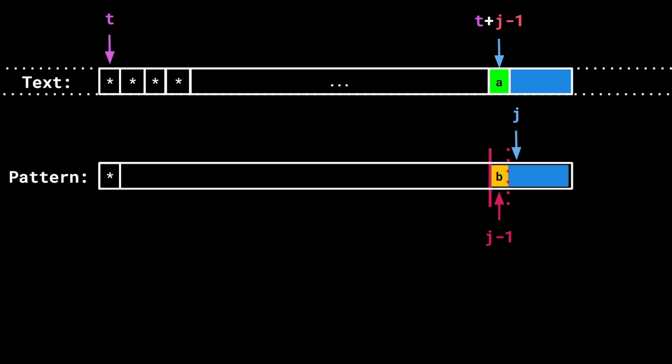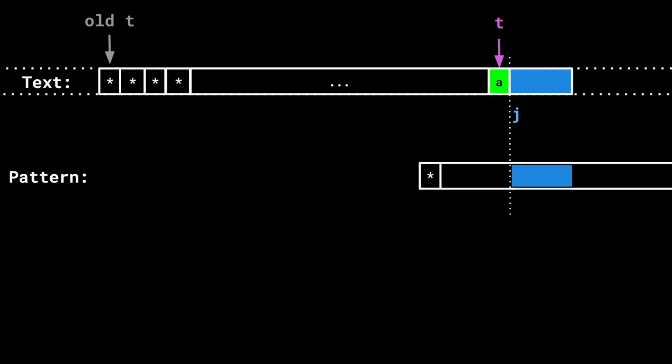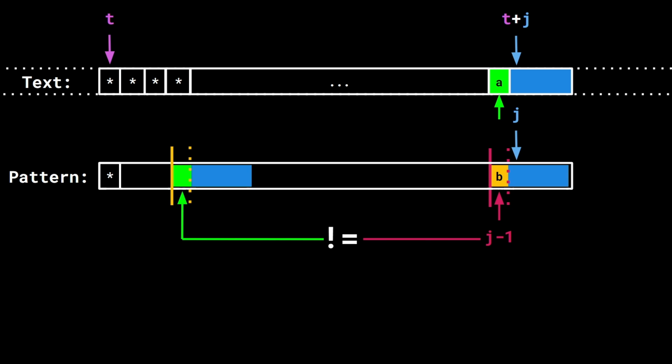And at this point, we would like to know if we can find the matching suffix in p, and if it exists, we'd like to know its position, so we can shift the pattern to align with the text. Or in other words, we want to know by how much we want to increase the value of t. Of course, we want the character on the left of this new location to be different than the character at position j-1. This diagram should be oddly familiar, right?